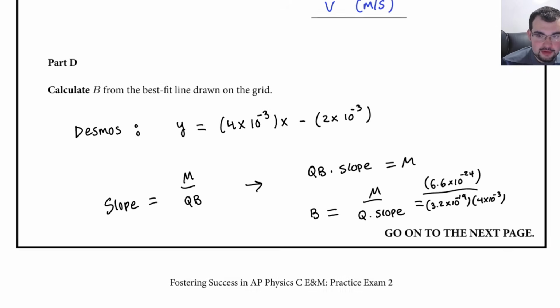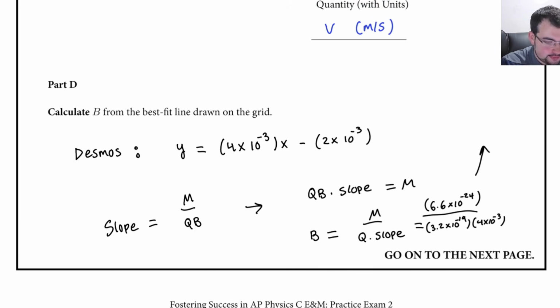And I get my magnetic field strength of 0.052 Tesla.